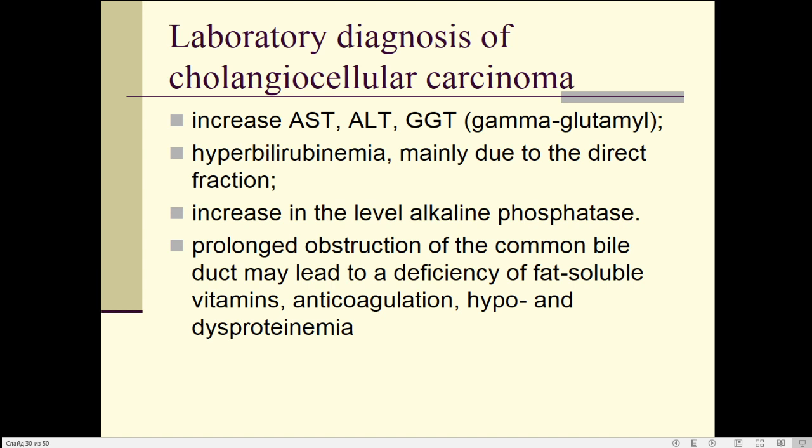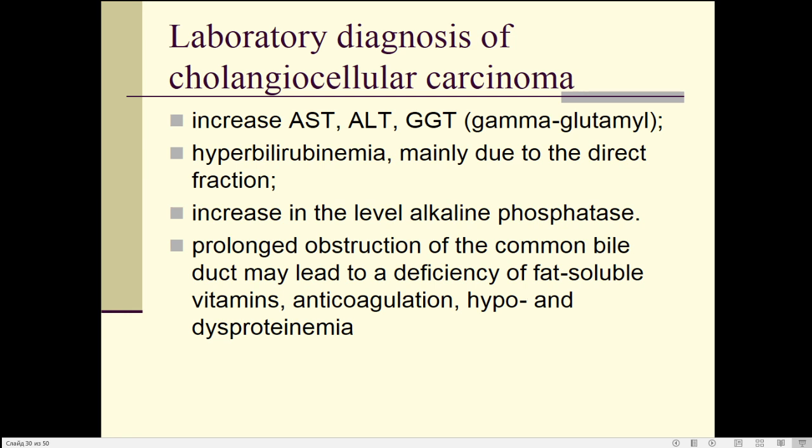Laboratory findings: increased AST and ALT, gamma glutamyl transferase, hyperbilirubinemia, mainly due to the direct fraction. Usually if hyperbilirubinemia is due to the direct fraction, it means mechanical jaundice.